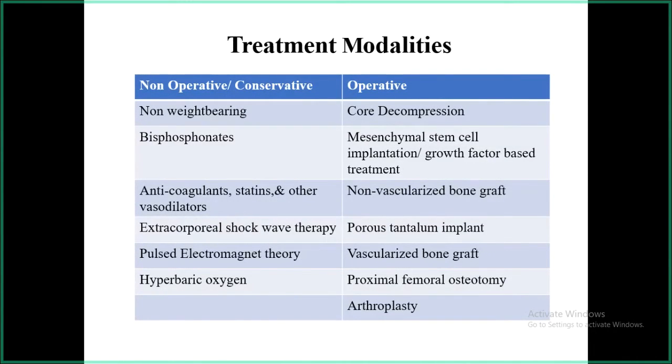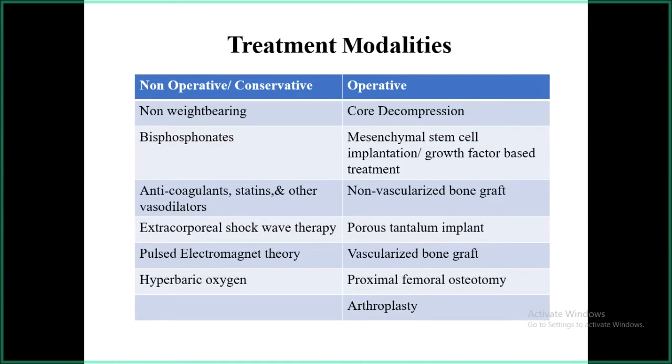This chart shows the treatment modalities and overview. The non-operative conservative line of management includes non-weight bearing, bisphosphonate therapy like risedronate, alendronate, or ibandronate. Third is anticoagulant therapy, statins and other vasodilators depending upon the etiology.